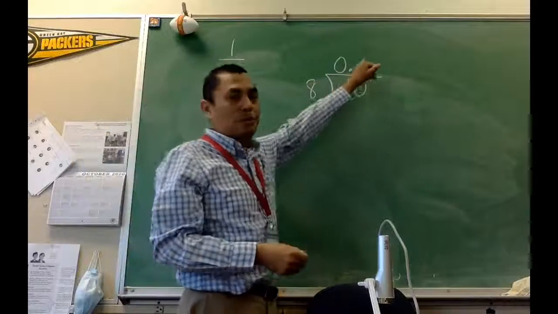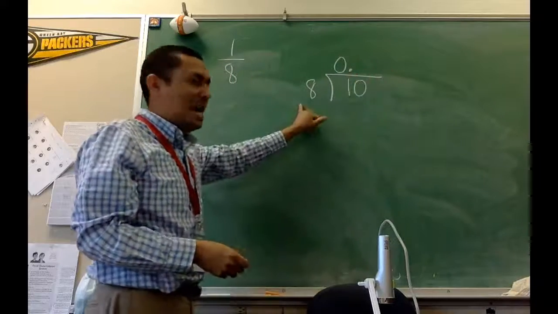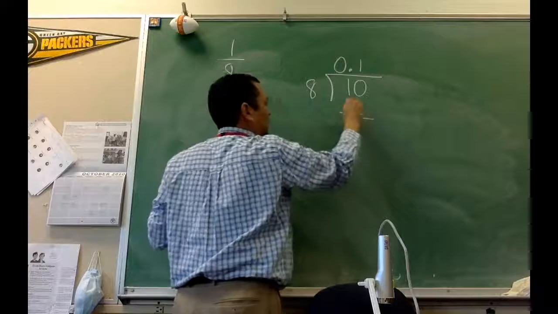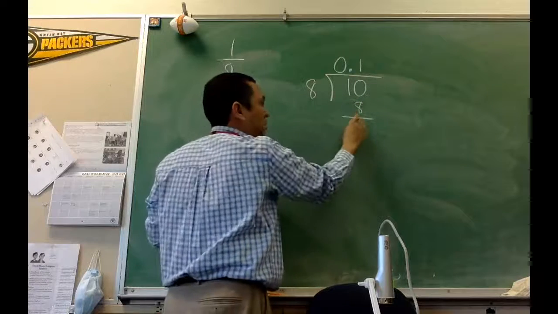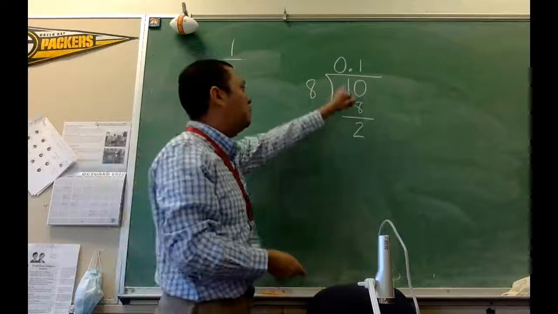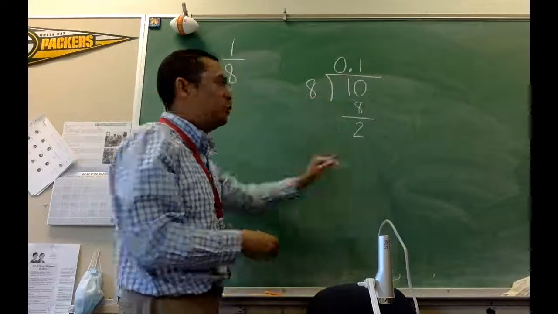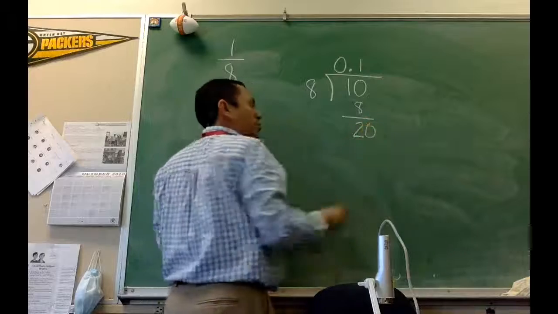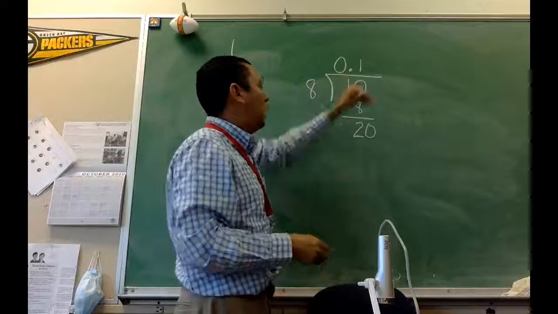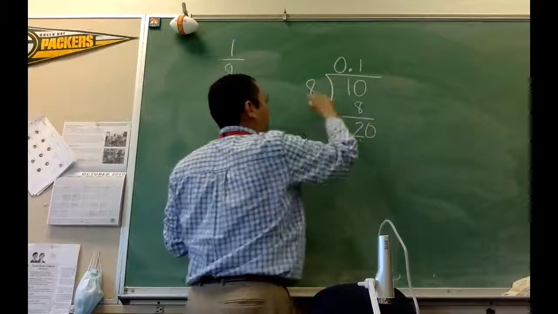Now, 1 times 8 is 8. 10 minus 8 is 2. We are in the same situation. There is no number that multiplied by 8 will give you 2. So you add a 0. You don't add a decimal point again, only once. And once again we repeat the 0, and now you have 8.